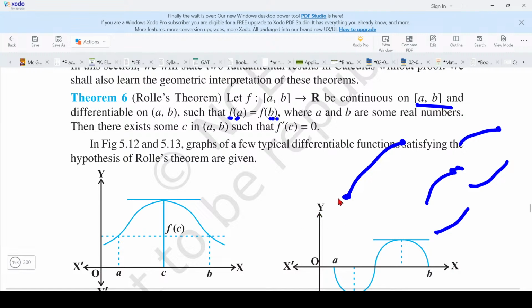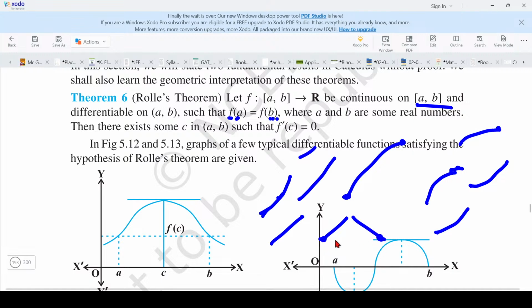Agree? Okay. So if it is not continuous on [a, b], if there is a break, then you can always take a U-turn. In fact, you can create a function like this also, where the slope is positive because there is a break, or the slope is positive and then the slope is negative, but the slope is never zero.